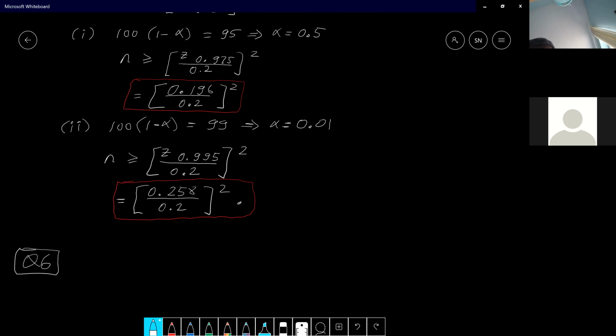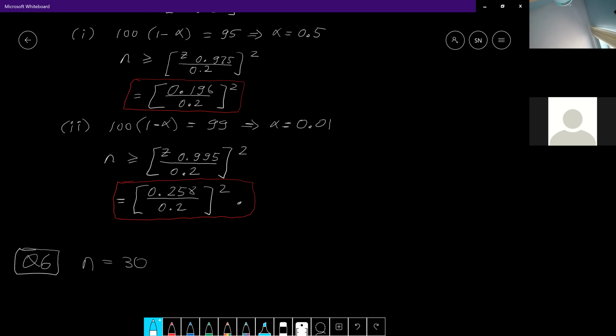And we are told that the sample size n is equal to 30, the sample mean x bar is equal to 127.442, and the sample variance s squared is equal to 228.661.